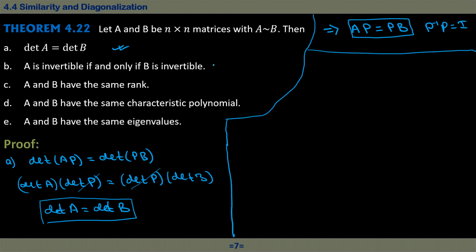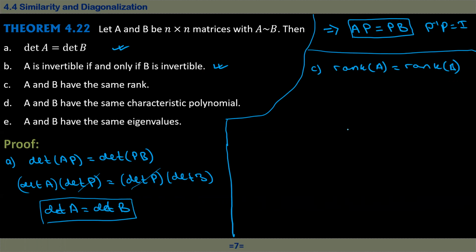Okay. And part C says that if A is similar to B or B is similar to A, then A and B have the same rank. That means the rank of A is equal to the rank of B.